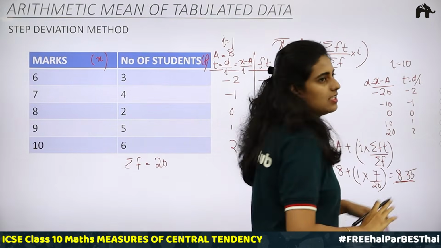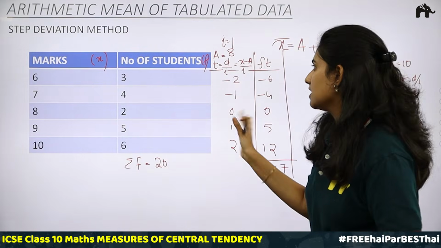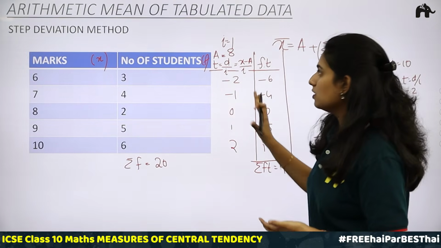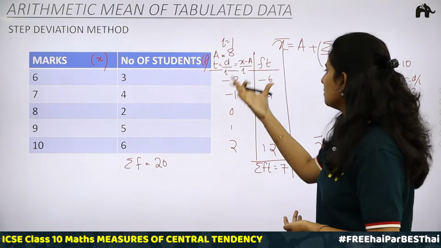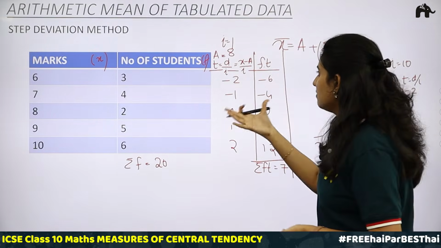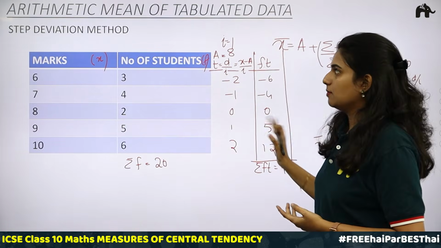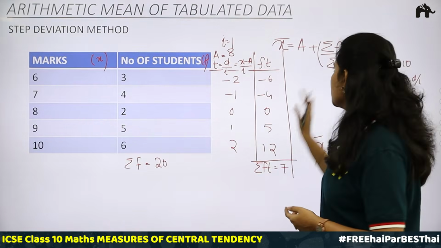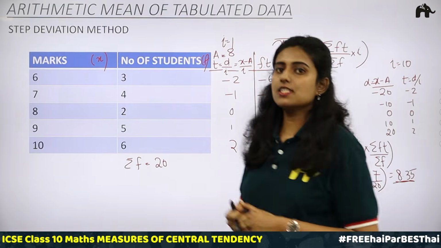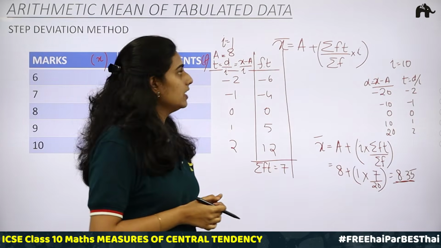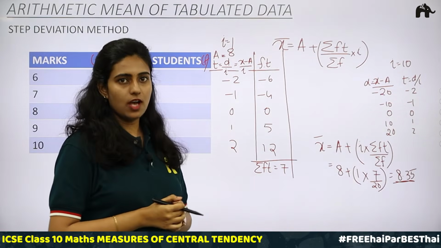Since here I is equal to 1, the shortcut method and step deviation method are same, but you understood what step deviation method is. If there is a number with which we can divide d, so that you can simplify it, in that case step deviation method will be more useful. So just study this formula, a plus summation ft divided by sigma f into I.